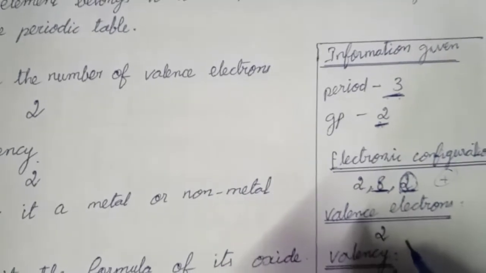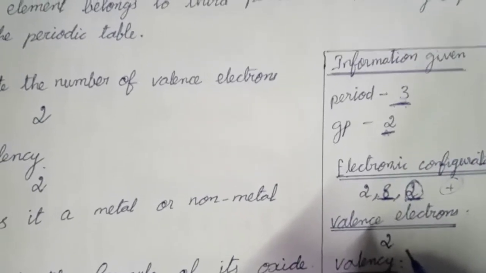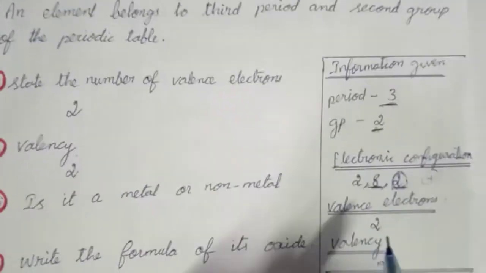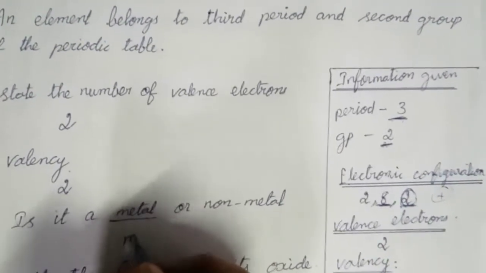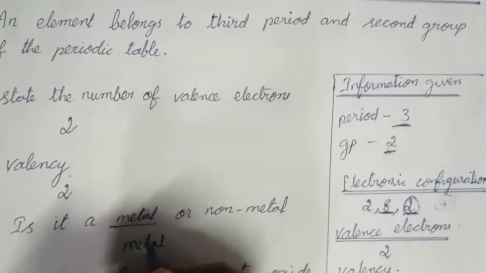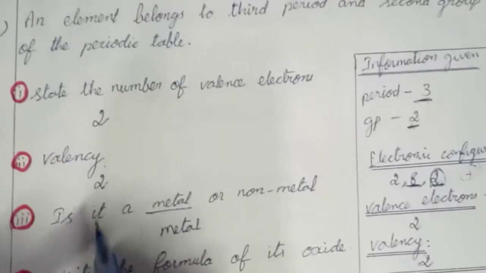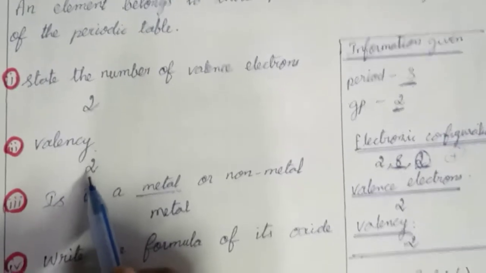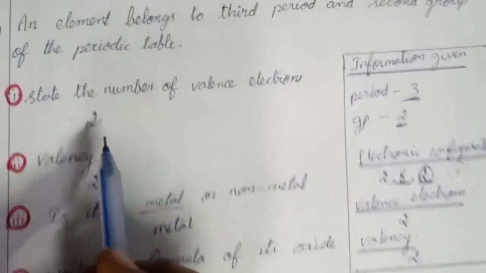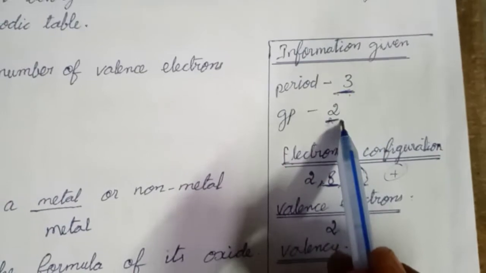Metals are electropositive in nature. So this element is a metal. Or otherwise, simply remember that group 1 is metal, and group 2 elements are also all metals. Here this is a group 2 element, so it is surely a metal.